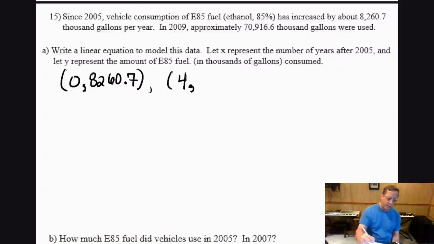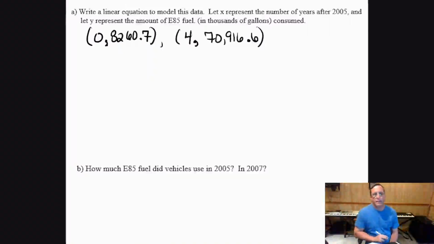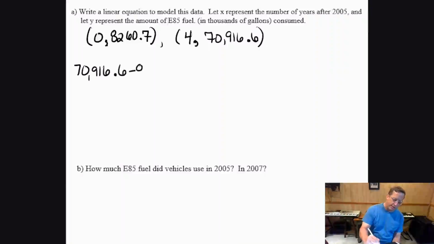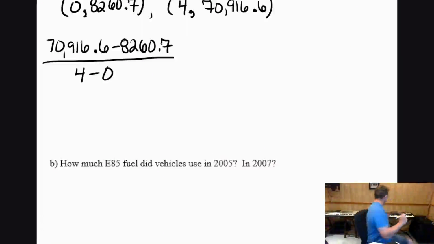So you're going to put a 4 where the x is, and then we're going to use 70,916.6. Okay. So now we're going to put that into the slope formula. We're going to do 70,916.6 minus 8,260.7 over the difference of the x's, like that.